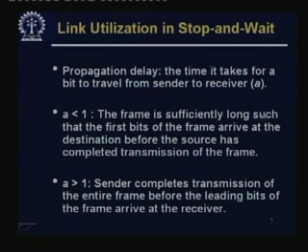The frame is sufficiently long such that the first bits arrive at the destination before the source has completed transmission of the frame. If a is greater than 1, the sender completes transmission of the entire frame before the leading bits of the frame arrive at the receiver. Of course, the sender then has to wait for the acknowledgement to arrive.